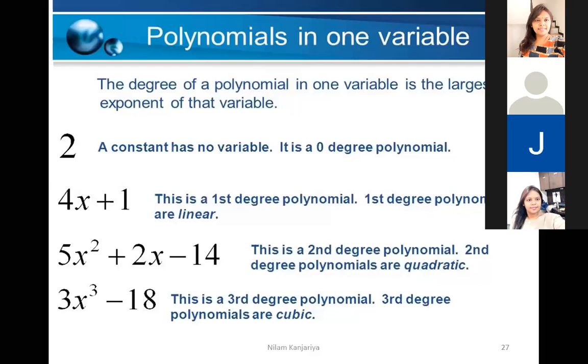For that we can say it is a constant polynomial. If the given term has degree 1, it's known as a linear polynomial. If the highest degree is 2, it's known as a quadratic polynomial. If the highest degree is 3, it's known as a cubic polynomial.